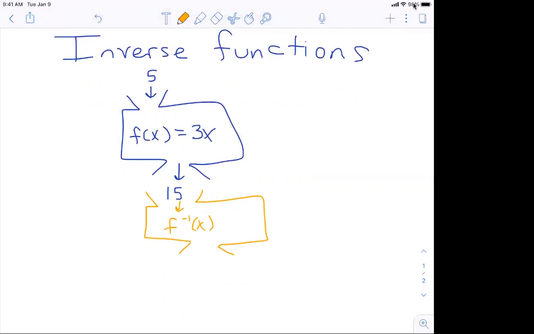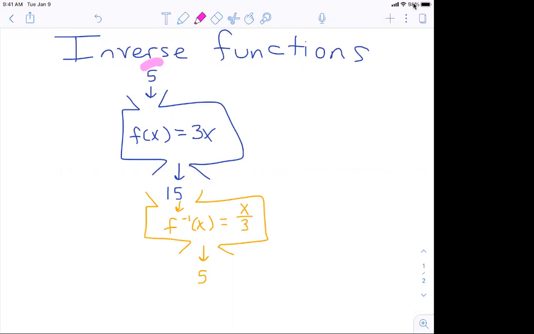That is called the inverse of f. And I want to undo multiplying by 3. Well, to do that, I divide by 3, right? That's the opposite or inverse operation of multiplying by 3. So 15 drops in there. 15 divided by 3 is 5. And I'm back to where I started. That is the whole concept of what an inverse function does.